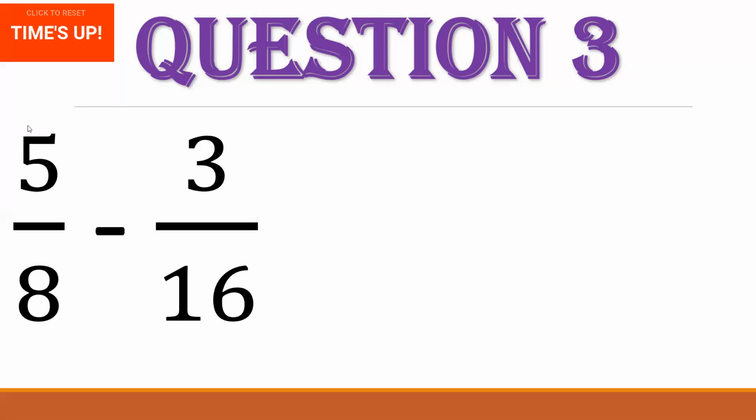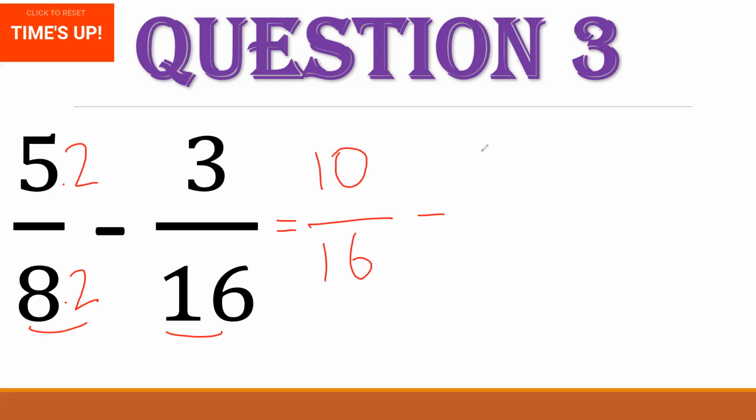So the easy way, this one, 5 and 8, these two, times by 2 each. If I do that, I'm going to get 16, and they will be equal. So 5 times 2 is 10 over 8 times 2 is 16, minus 3 over 16.